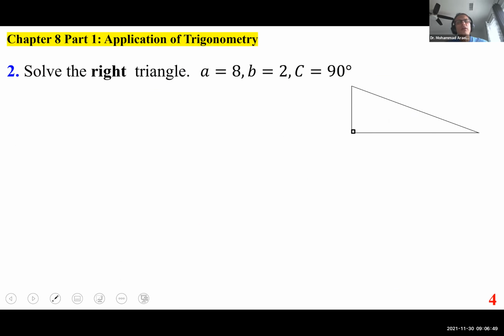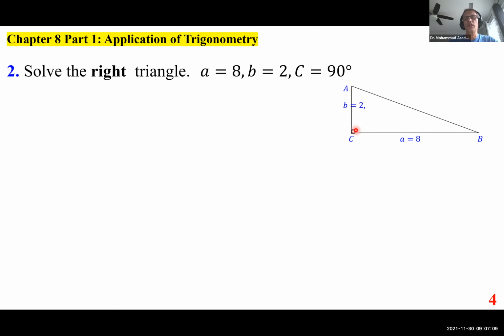We want to solve the right triangle where a is given as 8, b is given as 2, capital C is equal to 90 degrees. We plug in. Lowercase letters represent the size of sides, and uppercase represents the angle.